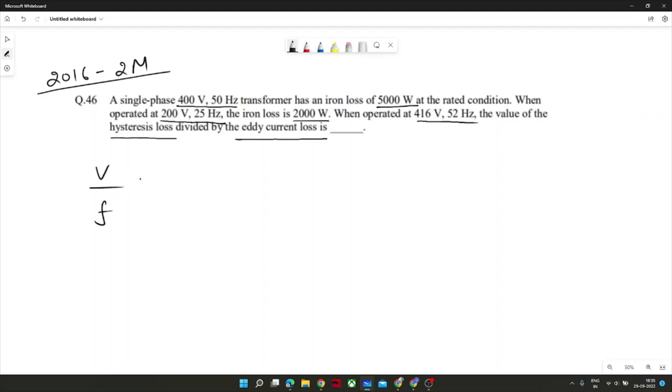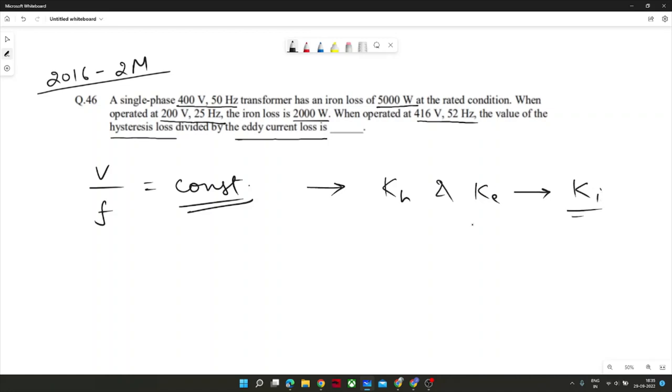You might have heard of the V/F ratio. If this is constant, then your factors KH and KE, which would contribute to KI, would remain constant. Otherwise, this factor would come from the loss formulas of Ph and Pe.